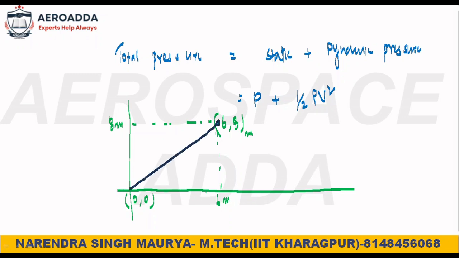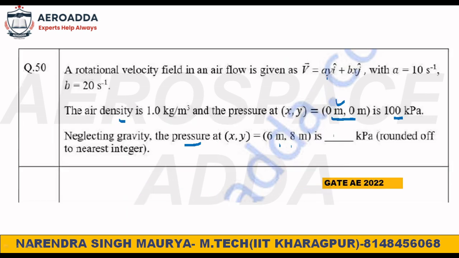Two different points you have, point A and point B. So you can say PA plus half rho V A square, because density is not mentioned anywhere, it is incompressible, and only one density they have given, so density is not going to change.